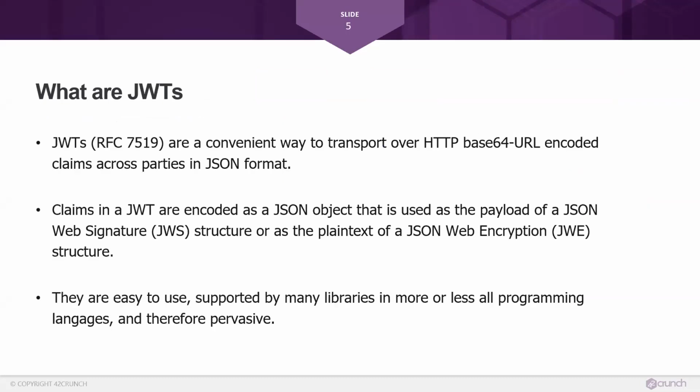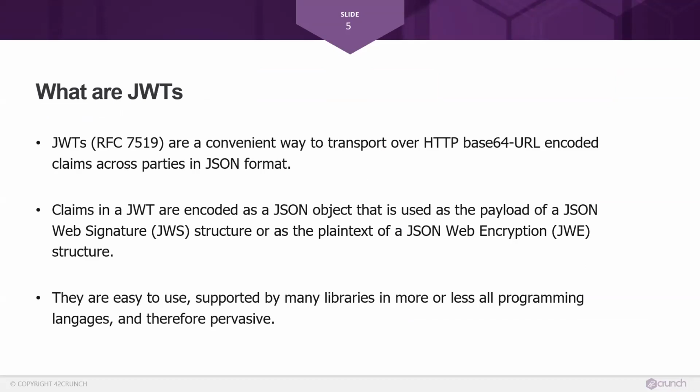Okay, so what are JWT tokens? JWT tokens, which are defined in RFC 7519, are a way to convey over HTTP claims, which are key-value pairs encoded in the JSON format, that might ease the communication between different parties in the IT system.